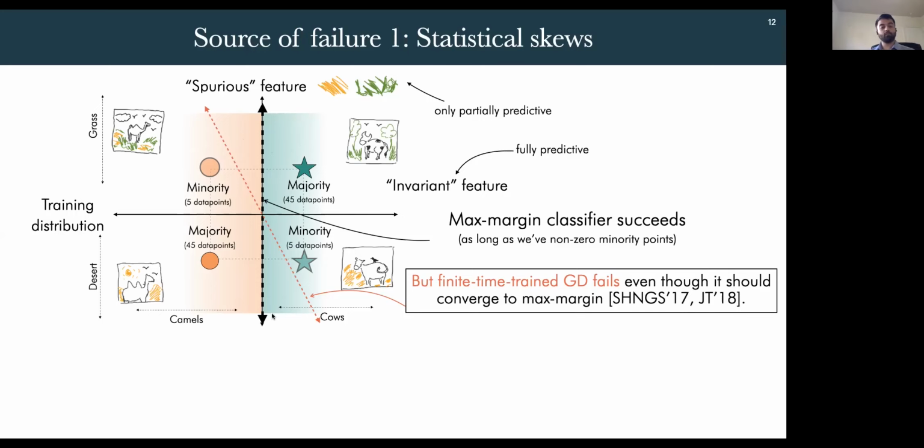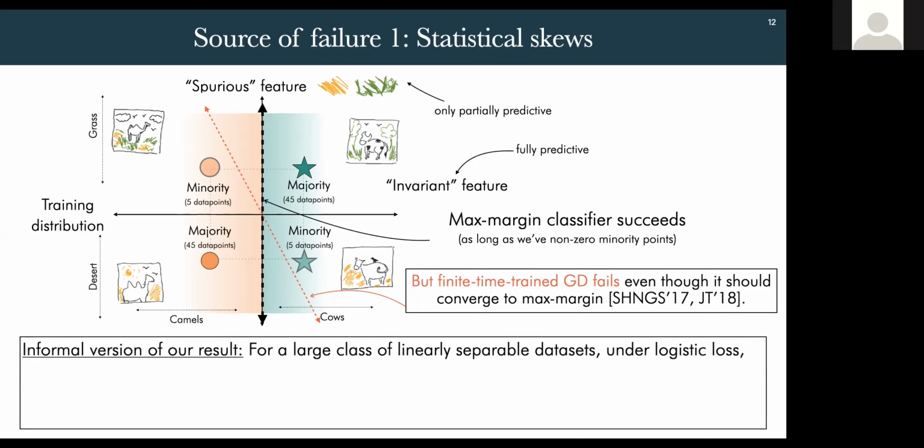Is there a question? There's a question in the chat, yes. In the motivation slide, when you say that the model does not only use the invariant features, even when it is fully predictive, do you say this is based on empirical evidence, or do you mean the weights linked to the spurious features are still non-zero? So this is based on empirical evidence. That's a good question.